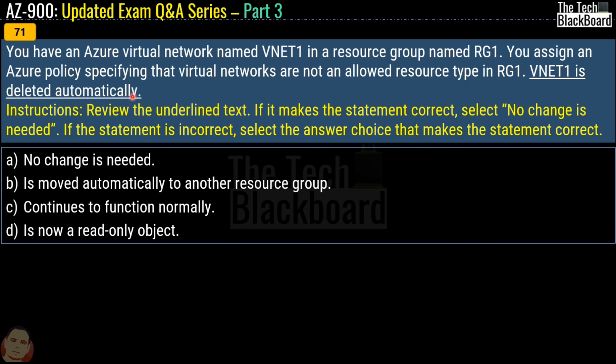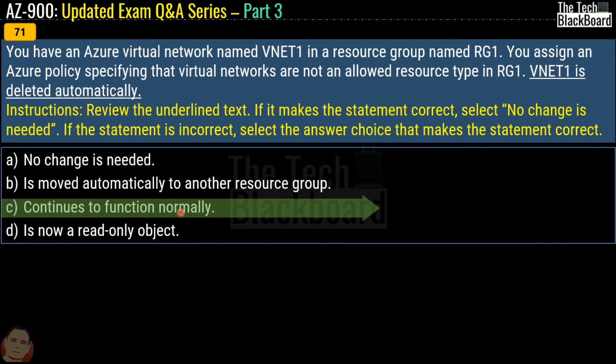So you have to review this underlined statement and tell whether it's correct, or whether you need to change the statement to make it correct. Your options are no change needed, is moved automatically to another resource group, continues to function normally, or the last option, is now a read-only object. The correct answer for this question is option C, continues to function normally.